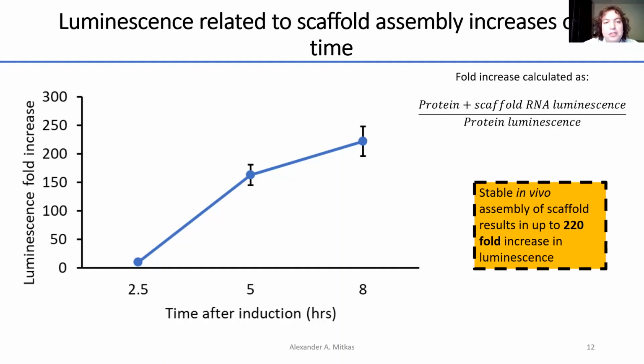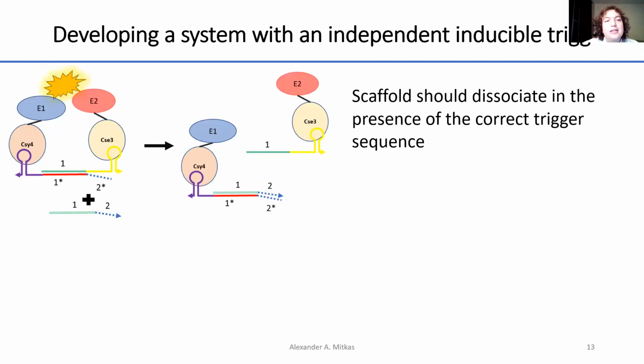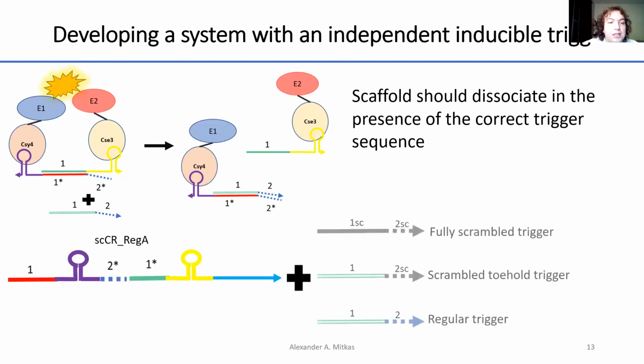Having seen these promising results, the next question is, can we disassemble the system using an independent inducible trigger? So as you can see in the cartoon here, we basically want a scaffold that will be able to dissociate in the presence of the correct trigger sequence. To examine this, we added an independent inducible trigger in our system. So we expressed our regular scaffold RNA, and then we expressed one of 3 trigger constructs.